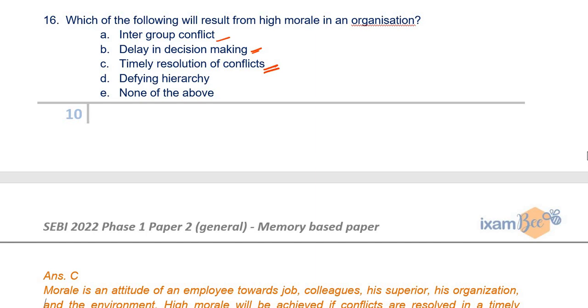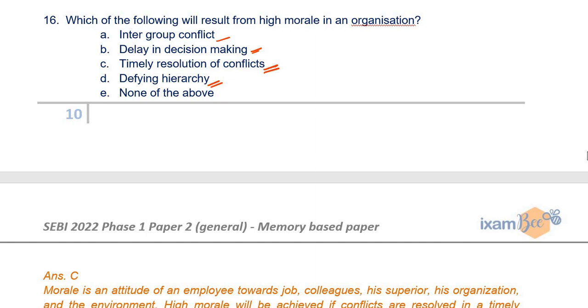Timely resolution of conflicts. Okay, if any conflicts are coming and they are very timely resolved, of course you will feel good about, okay, this is the right place I am working in. Defying hierarchy. If you are defying hierarchy and people below you are not following the hierarchy, it will not lead to high morale.